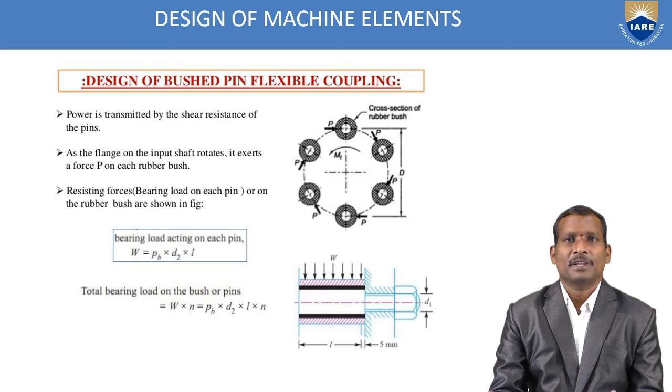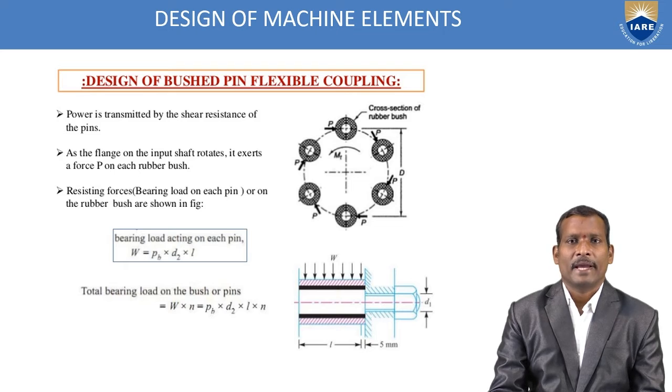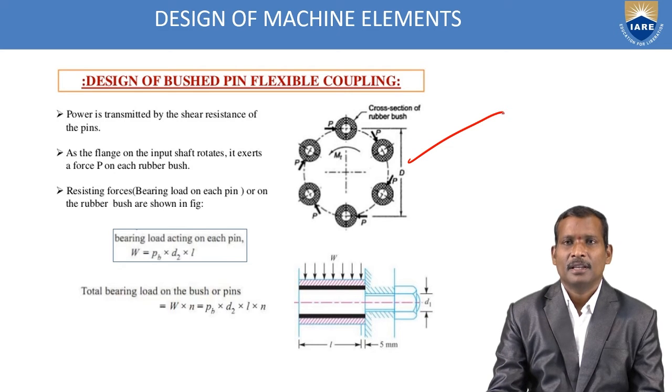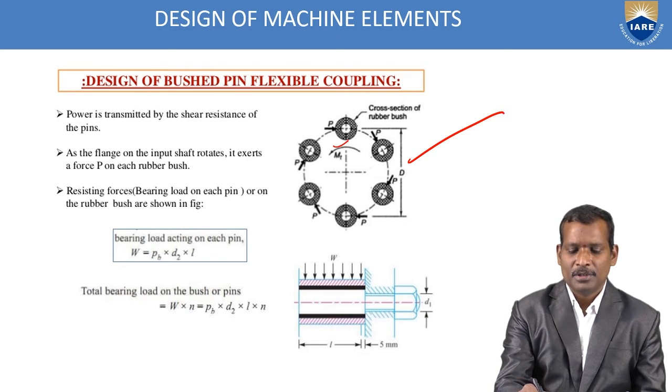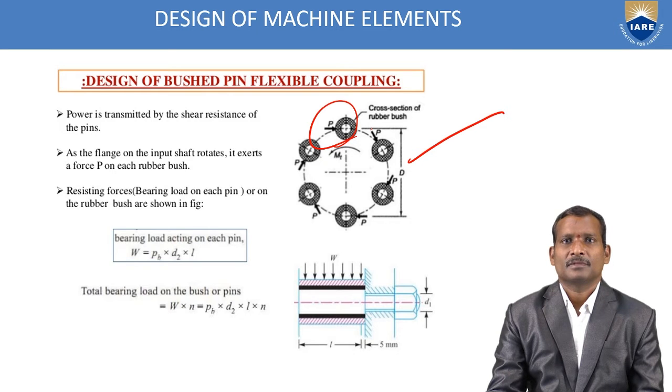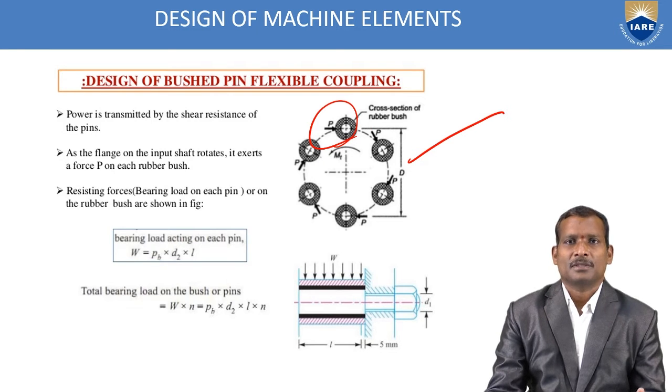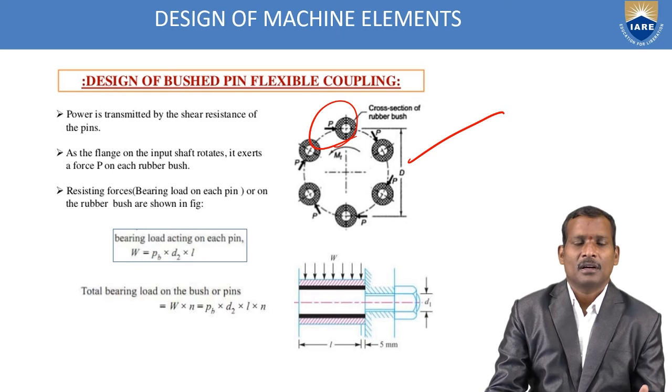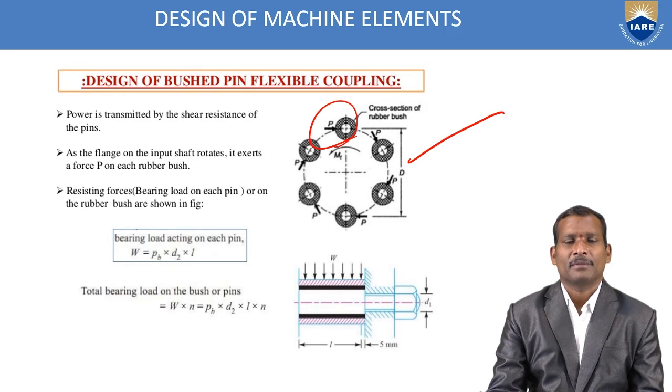The power is transmitted by the shear resistance of the pin. As the flange on the input shaft rotates, it exerts a force P on each rubber bush. So as shown in the diagram here, the cross section of the rubber bush. The resisting force, that is the bearing load on each pin or rubber bush, is shown in the figure.